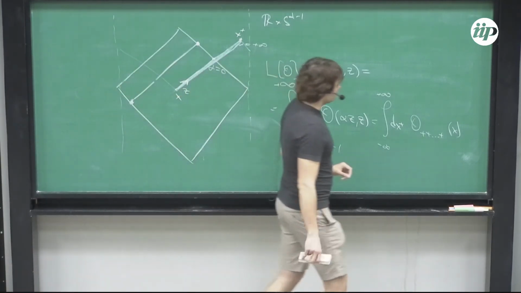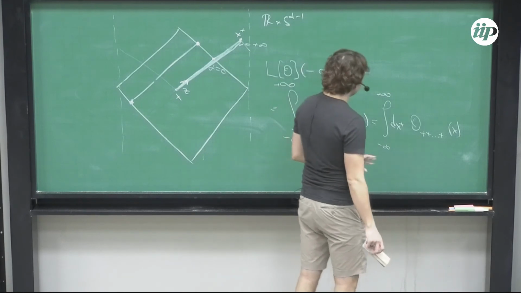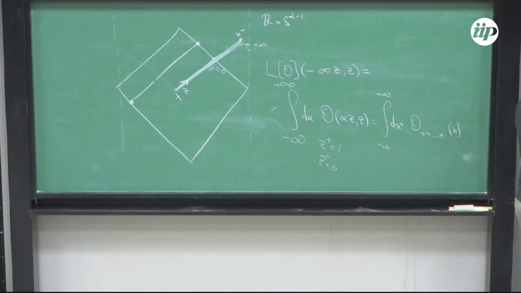Okay, and now that we have this proposal, it's very easy to write down an expression for this O of J, for these new operators.